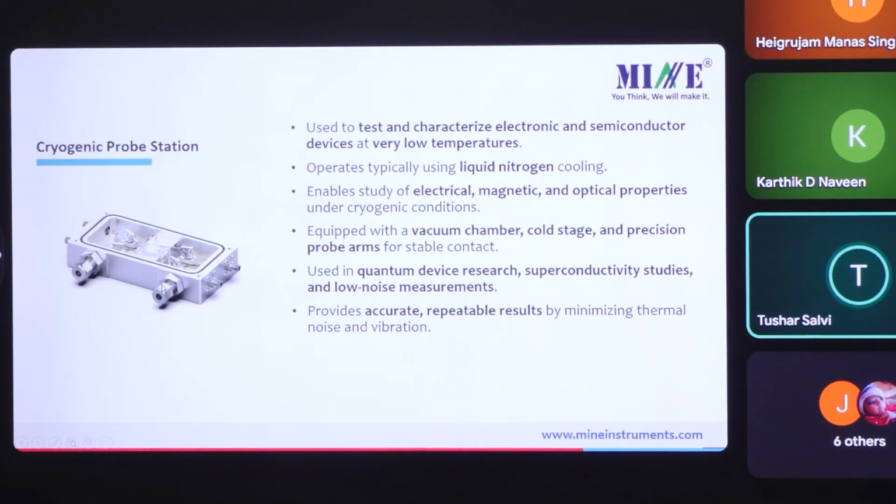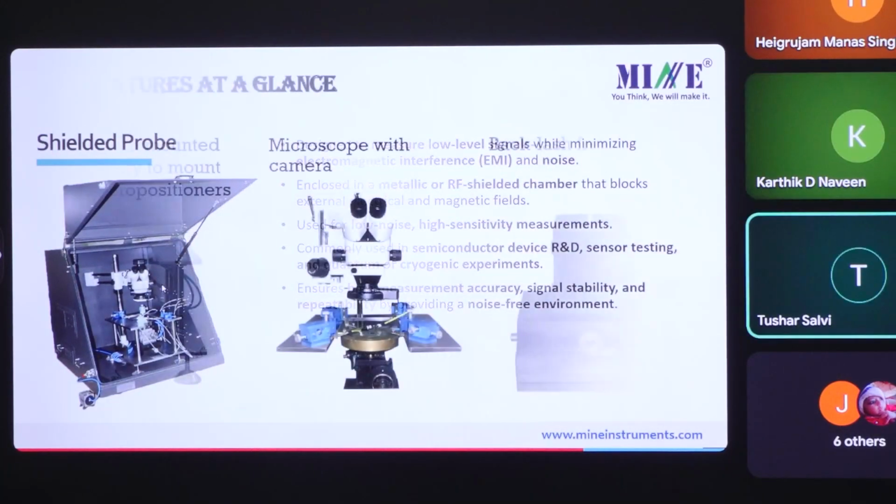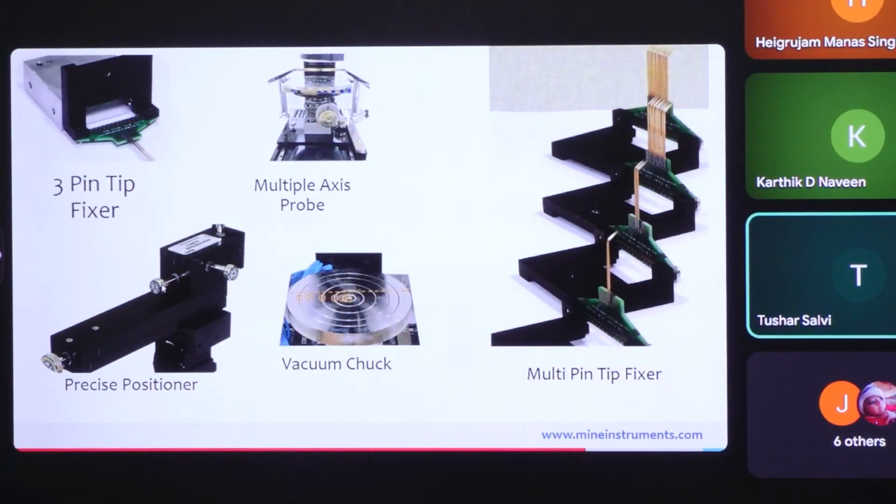Sure. In this slide I was describing our multiple projects. Around 2021 we did a project where the user wanted a tip fixture. Here we make a tip fixture where you can see we provide 1 tip, 2 tips, up to 12 tips.